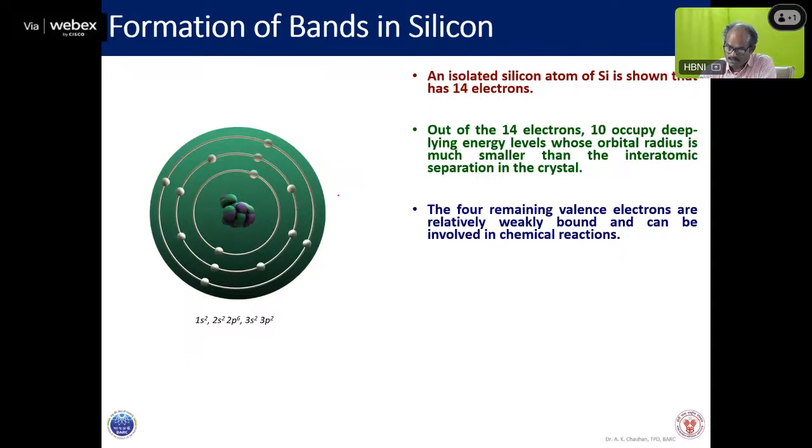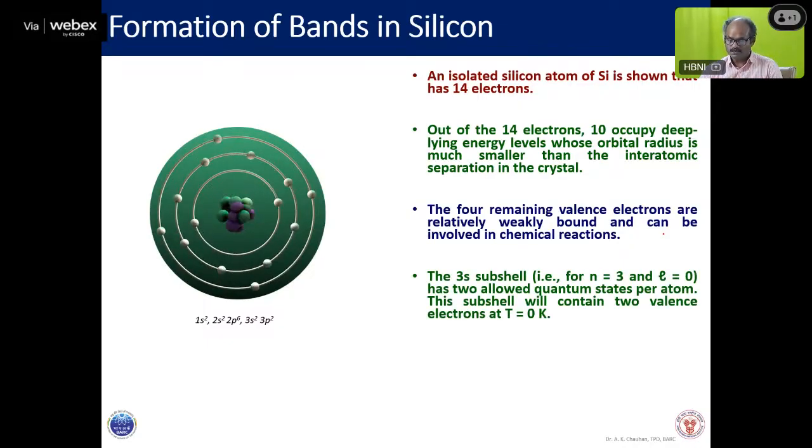The 4 remaining valence electrons are relatively weakly bound and can be involved in chemical reactions. The 3s subshell means the outer one. It has n equal to 3 and l equal to 0 because it's s. So it has 2 allowed quantum states per atom.